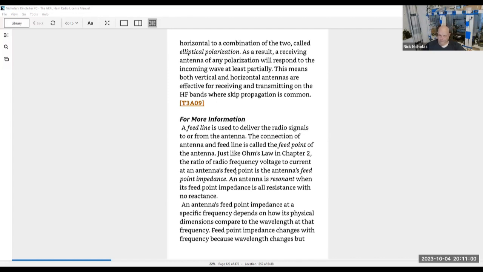But an optimum antenna can only operate at one frequency, so all ham radio antennas are compromised antennas. The goal of a transmitting antenna is different from the goal of a receiving antenna. Subsequently, the best receiving antennas are not the best transmitting antennas, and vice versa. The best transmitting antennas are not the best receiving antennas.